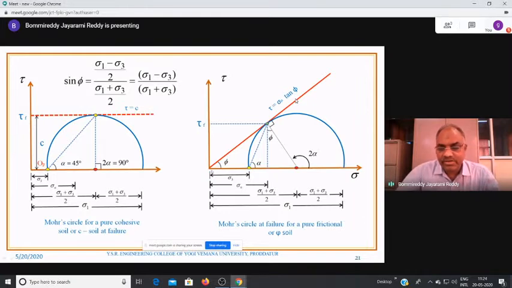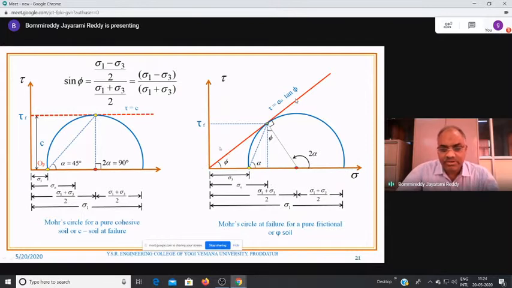And if the soil is taken as only sandy soil, then the failure plane passes through the origin. All these parameters are the same for all types of failure planes. It is minor principal stress sigma 3, major principal stress is sigma 1, and all other things are the same.